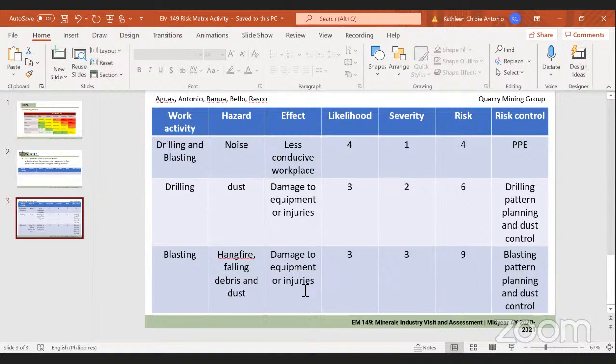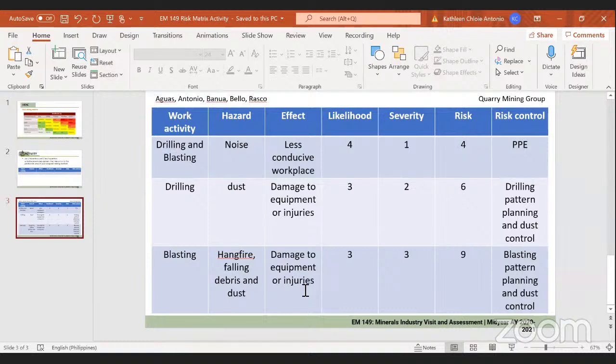So medyo similar siya sa drilling, kasi yung injuries din dito may lead to lung damage or injury caused by the falling debris. So yung likelihood niya is 3 and yung severity is 3 and yung risk is 9. So this could be avoided or controlled when proper blasting pattern planning is employed, as well as dust control po. Yun lang po.